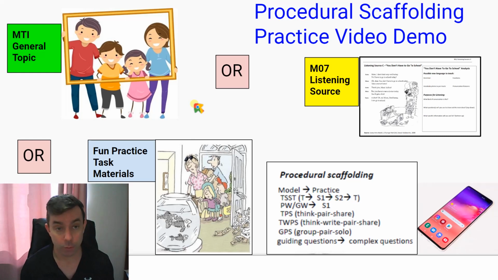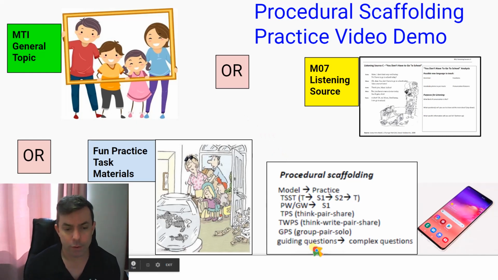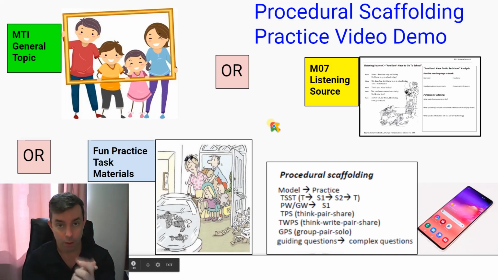Just as a general topic, family. Something to keep in mind is that Microteaching 1 is about teaching the novice level, so that means you can't use some of these, such as guiding questions to complex questions, but you can use others. So here we go. General topic, procedural scaffolding.